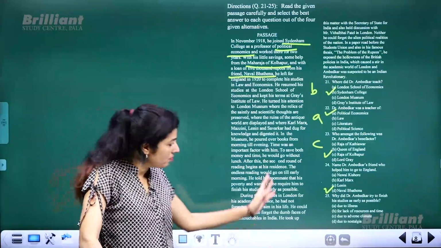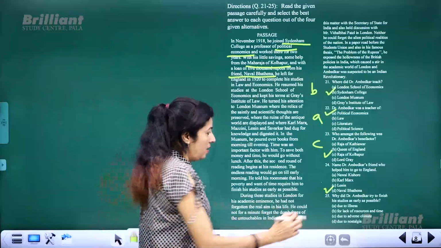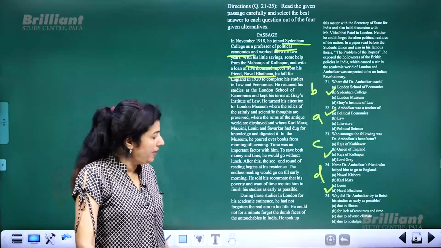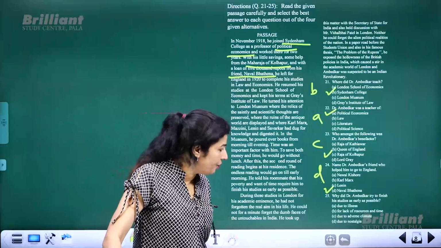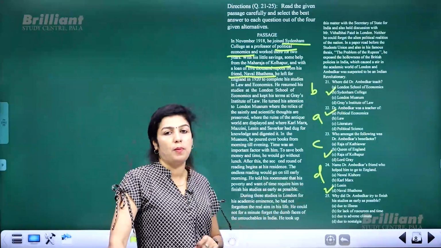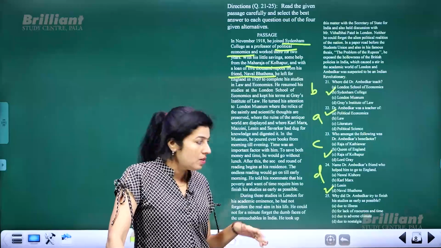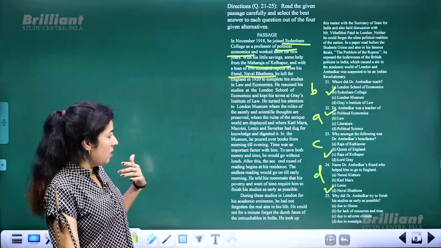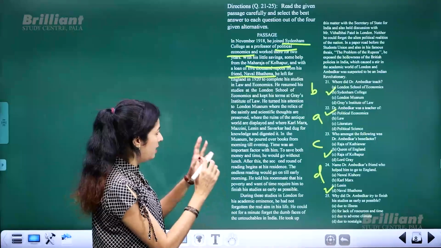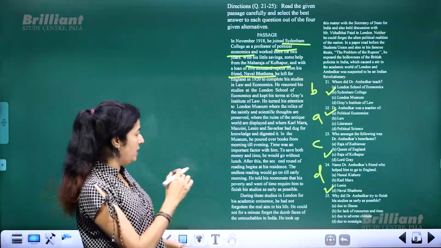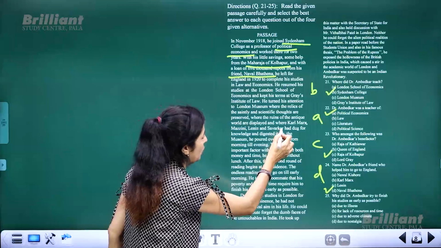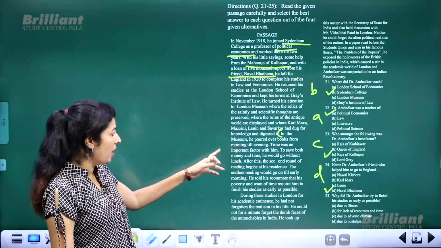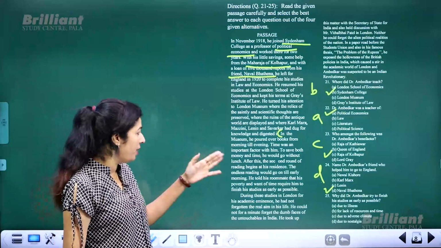All right. Next question, that is the last question based on this passage. Why did Dr. Ambedkar try to finish his studies as early as possible? I think I just saw that point. Yeah, from this part onwards, in the museum he pored over books, that means he studied books from morning till evening.